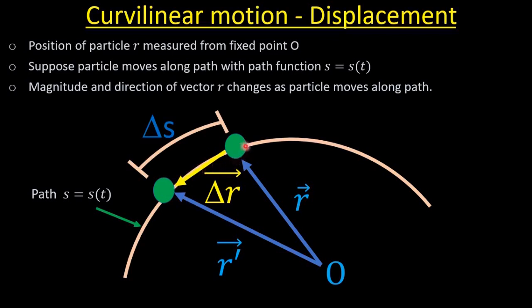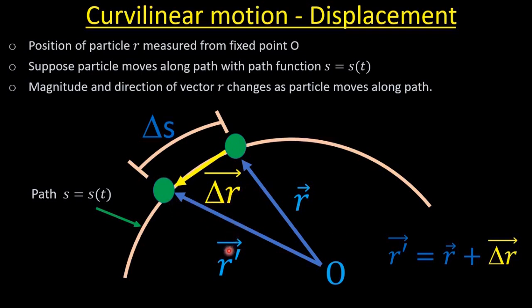Delta r is literally the particle moving straight from that position down to there, but delta s is the path that is taken along the curve to get to the same position. You have to be aware that delta r is a vector quantity and delta s is a scalar quantity. R prime would just be r plus delta r. So if we wanted to know the new position r prime, we just add r and delta r together and we get r prime.